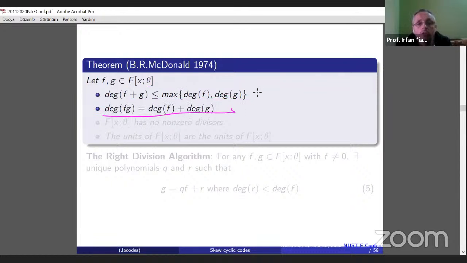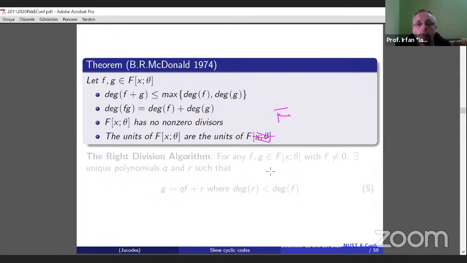So in general it's not equal to the maximum, but if you multiply, it is still equal, because in this skew field we still do not have zero divisors, so we are safe. So we have 3 and 5 degree polynomials. You multiply them, you get an 8 degree polynomial, with no zero divisors, and the units also are the units of F, really. Okay, there's a typo here, it should be units of F.